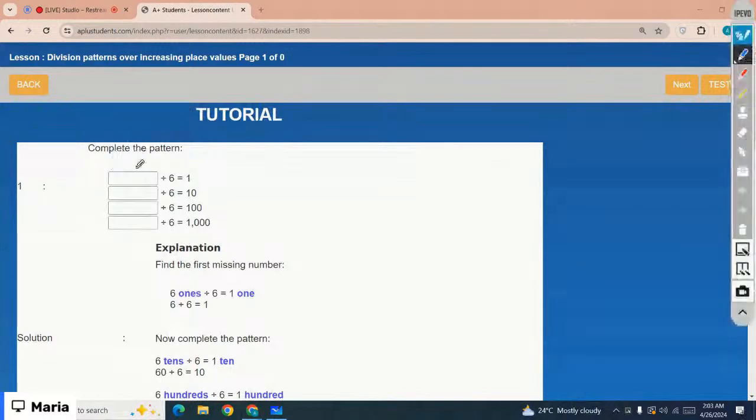Then you have to see what number divided by 6 equals 10. That would be 60. Then 600 divided by 6 is 100, and 6000 divided by 6 equals 1000, right? So that is the pattern 6, 60, 600 and 6000.